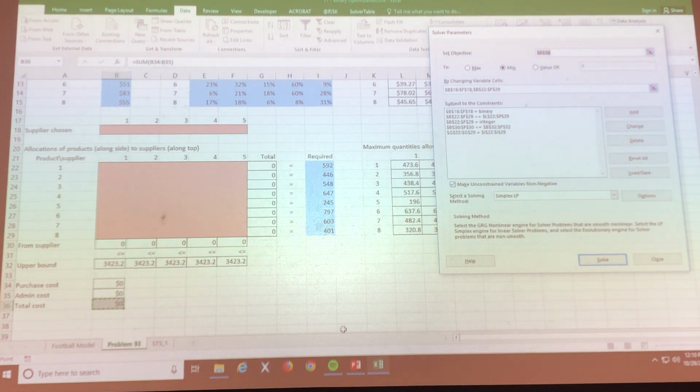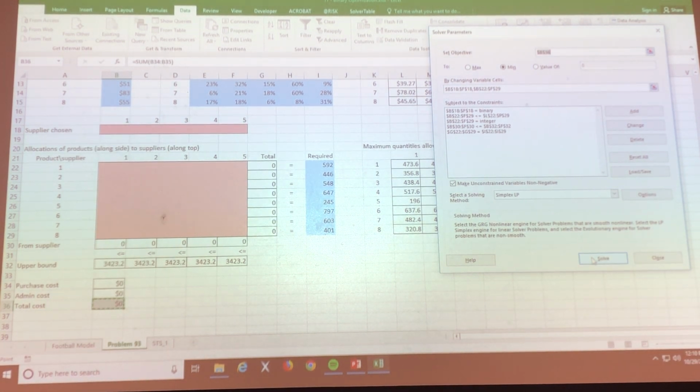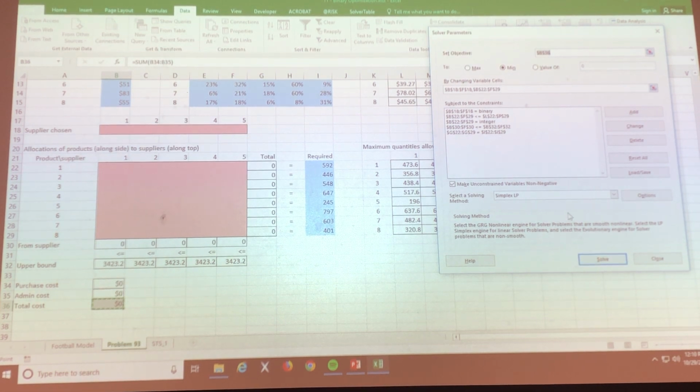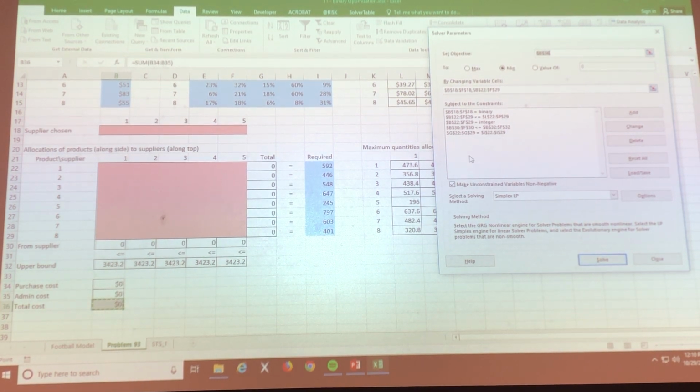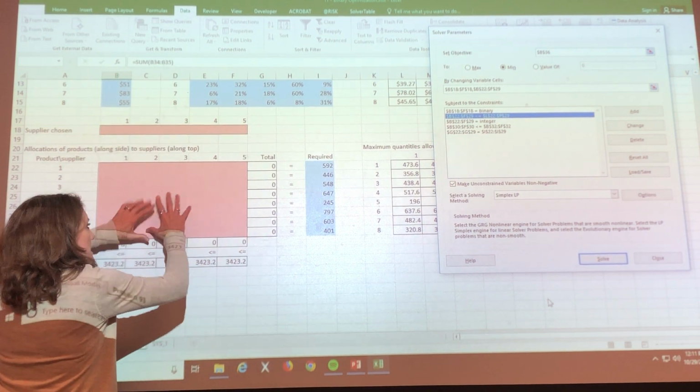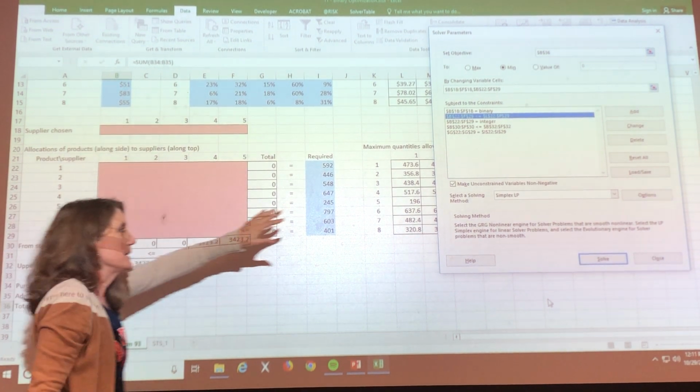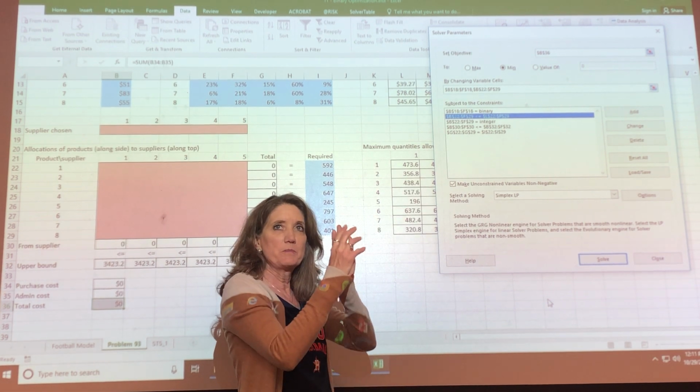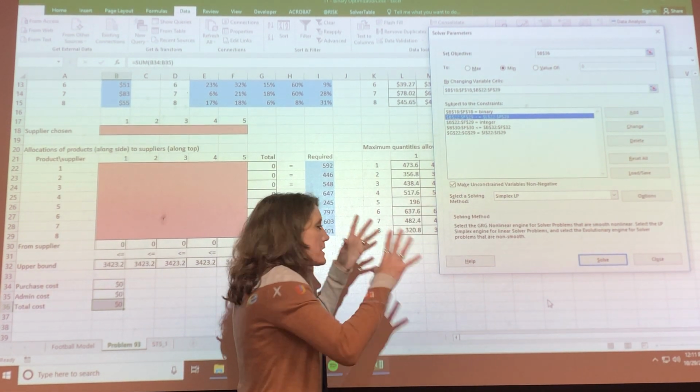B22 to F29. Professor, can you just go back to that constraint, the last one that I put in, the maximum one? Explain it to me. B22 to F29 is less than or equal to this L22 to P29 range right here, which is being constrained by what we did over here, where we put the maximum you can get.